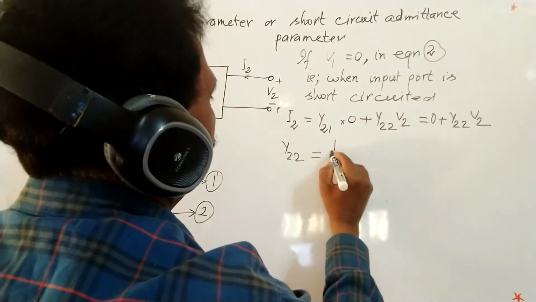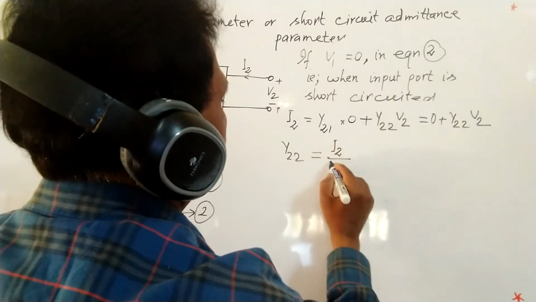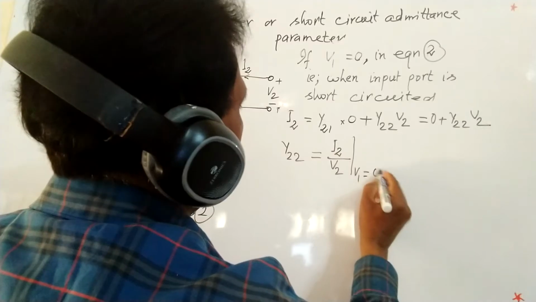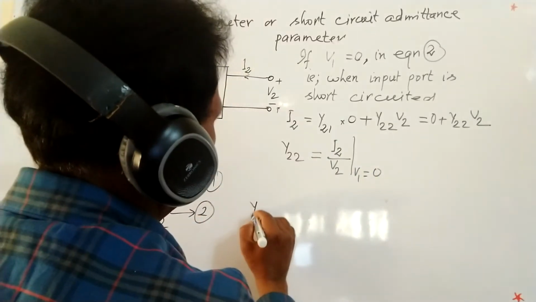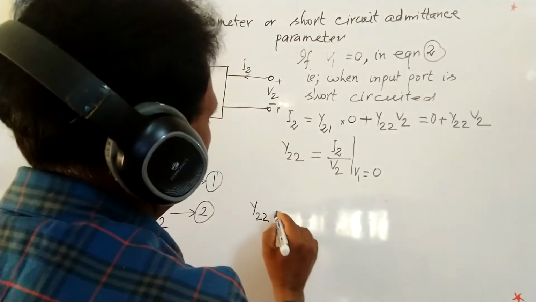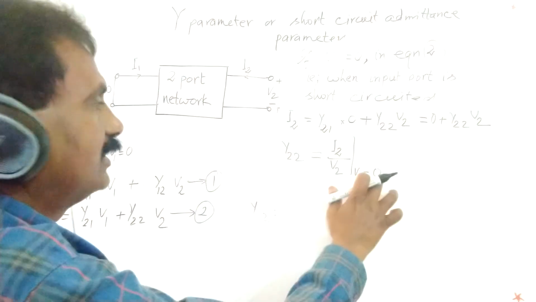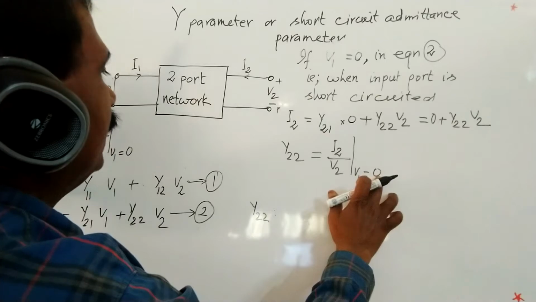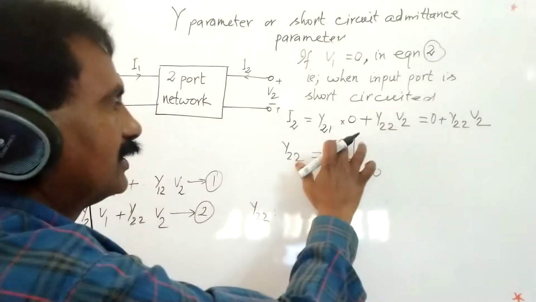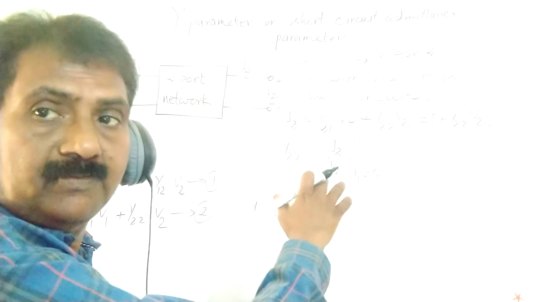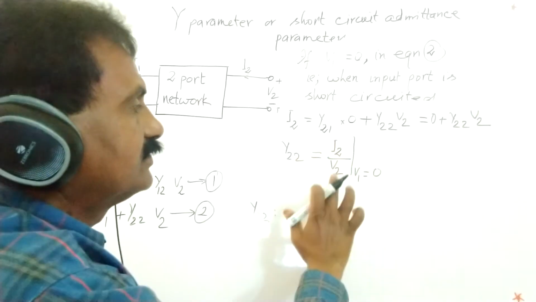Okay, now get the value of Y22. Y22 is I2 by V2, and this value is obtained when V1 equal to 0. Therefore, here again we have short circuited the input port. Okay, and this is the ratio of current and voltage. Therefore, the value is dimensionally admittance.